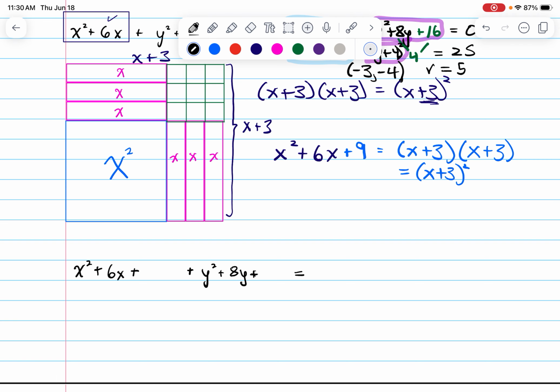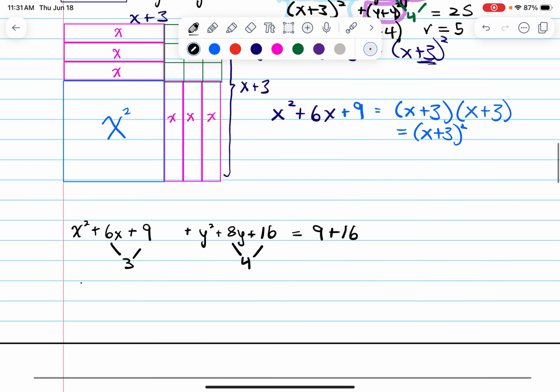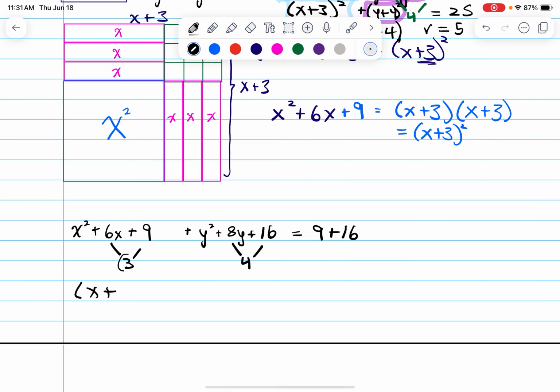Okay, so remember, what we do is we take half of that, square it, add it over here, half of this, square it, add it over here, and now rewrite x and this thing squared plus y and this thing squared equals 25. Yeah, that's how we do it.